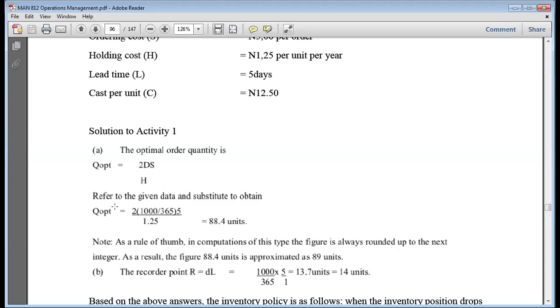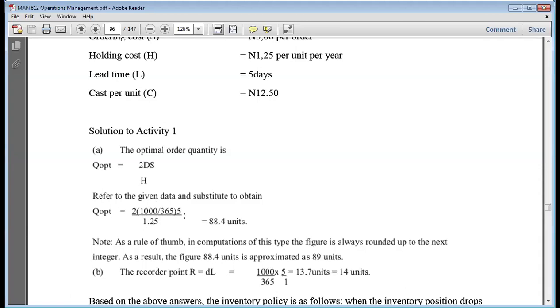For this economic order quantity, you are determining the quantity that you will buy when the reorder level is reached. If you recall what I taught you last week, the economic order quantity is the quantity that you will buy when the reorder level has been reached, which is 2 times 1,000, not 1,000 over 365, times 5, all over 1.025.